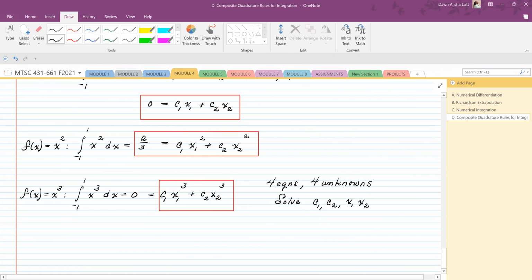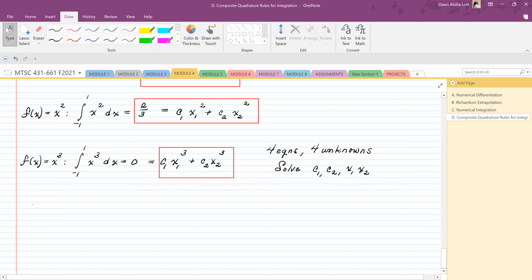And we find out that C1 is 1, C2 is 1, x1 is -1 over the square root of 3, and x2 is +1 over the square root of 3.